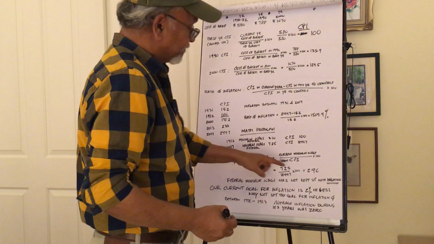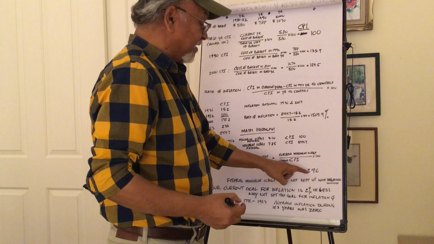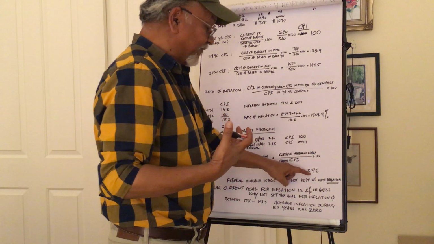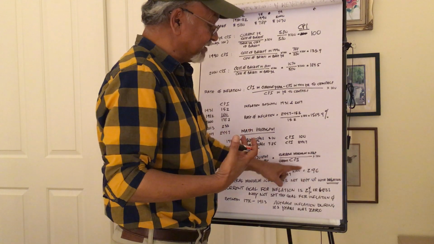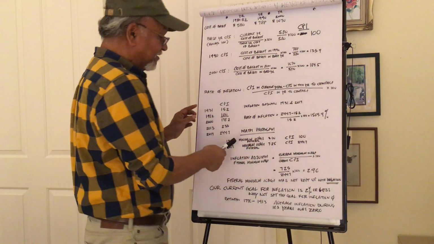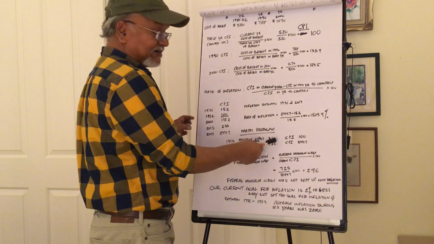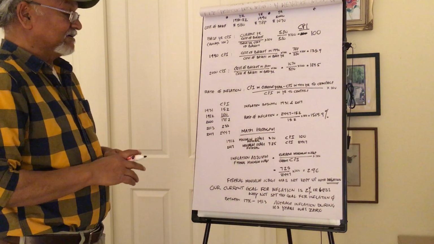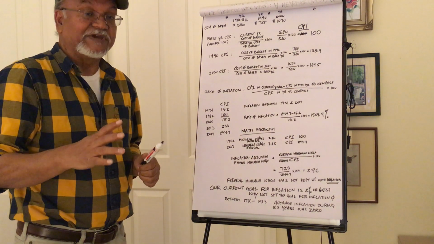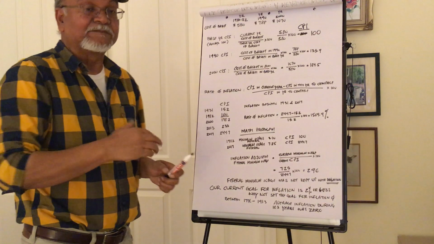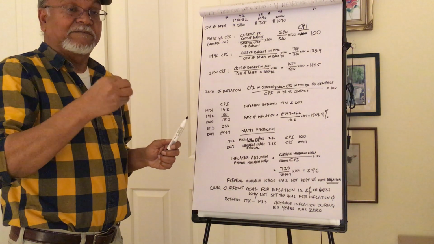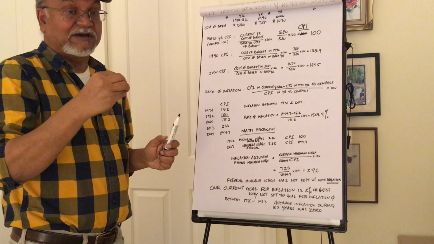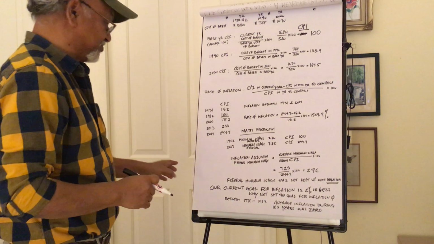That means our minimum wage adjusted for inflation is only $2.96. Remember, federal minimum wage was $3.10. In this case, what it shows is the federal minimum wage has not kept up with inflation. Prices have gone up more than the money wage that we get as the federal minimum wage.